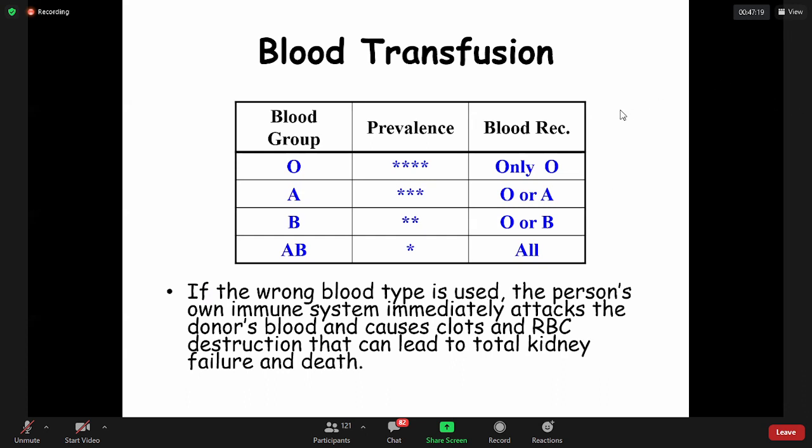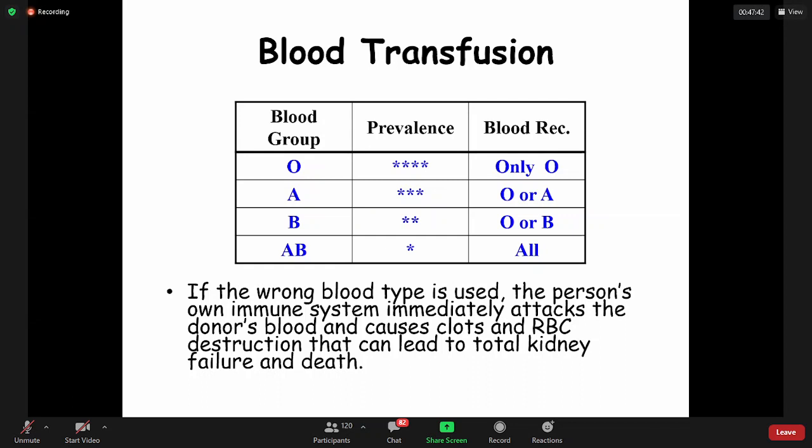When we are doing transfusion, as I told you, we do what we call grouping and cross-matching. Grouping is just to know your blood group, and cross-matching is to see that your blood does not react with the donor blood.